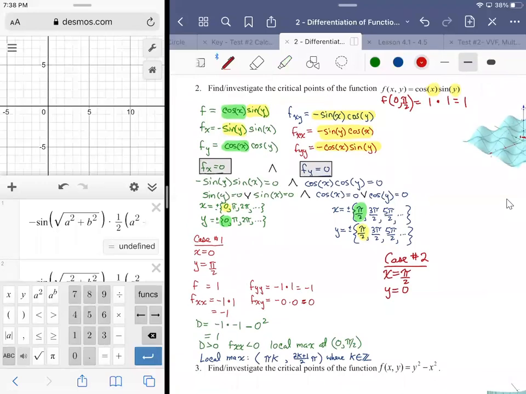If I pop it into my original function, cosine of pi over 2 is equal to 0. Sine of 0 is equal to 0. That's going to give me a result of 0.